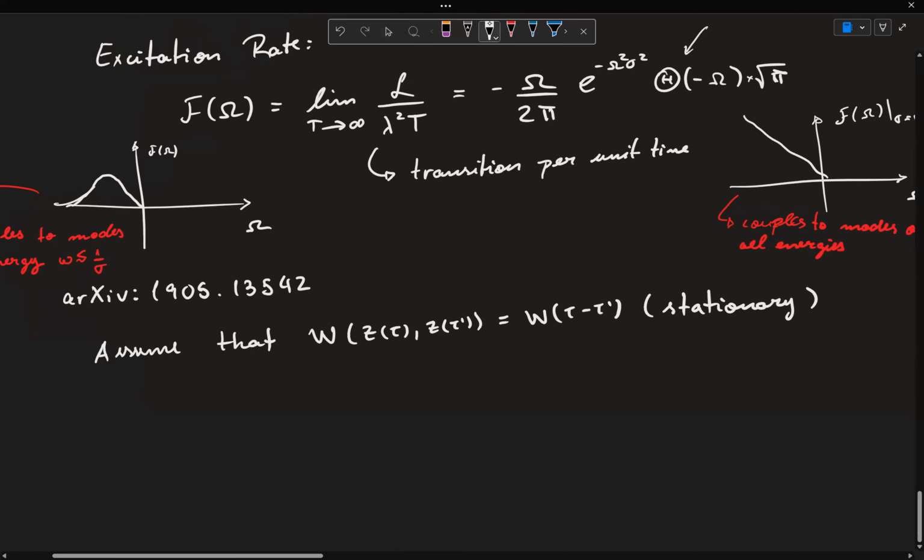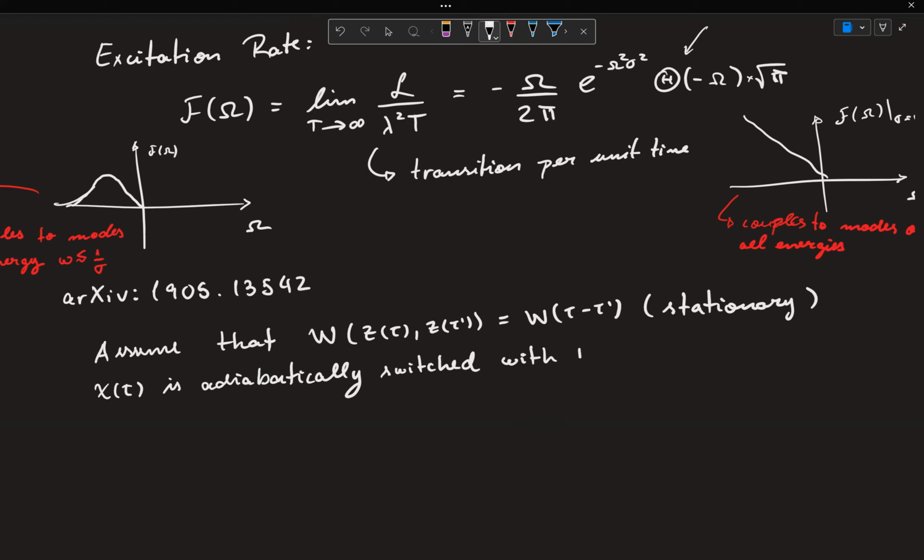Okay, cool. So coming back to the theorem. Assume that we have a stationary Wightman function, so basically the time dependence of this Wightman function is stationary, that chi of tau is adiabatically switched with a given parameter T. Then, oh yeah, and also assume a Markovian regime, which some people will argue that you can't really assume at all times, or for all circumstances.